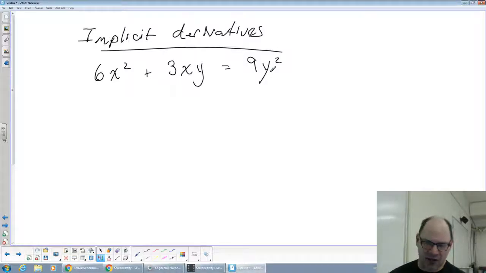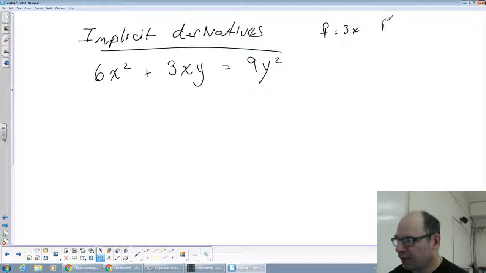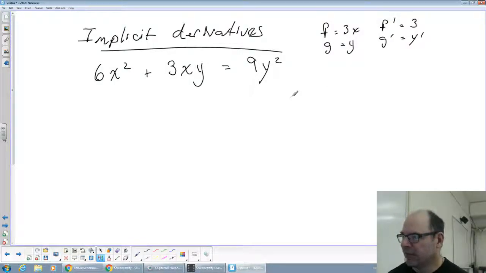Okay, so the first thing that we're going to do is take the derivative. Now we have to be careful because this is a product rule in there because x times y, so you're going to have to use a product rule formula. So if you remember the product rule, if we treat it as 3x times y, if we say f equals 3x, f prime would be 3. And if we say g equals y, g prime would equal y prime. Okay, so then the product rule states that it's f g prime plus f prime g.